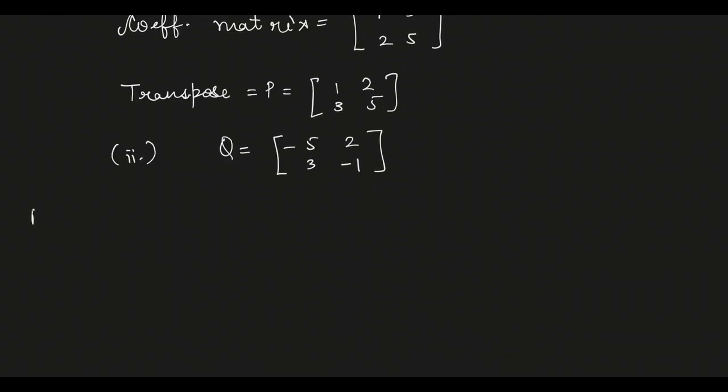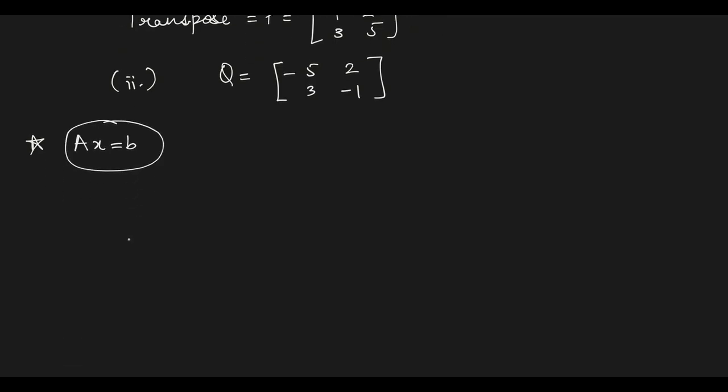So next is a small concept which will be helpful in MCQs. Sometimes options are created on this topic also. Ax equals b. This was a system of equations.